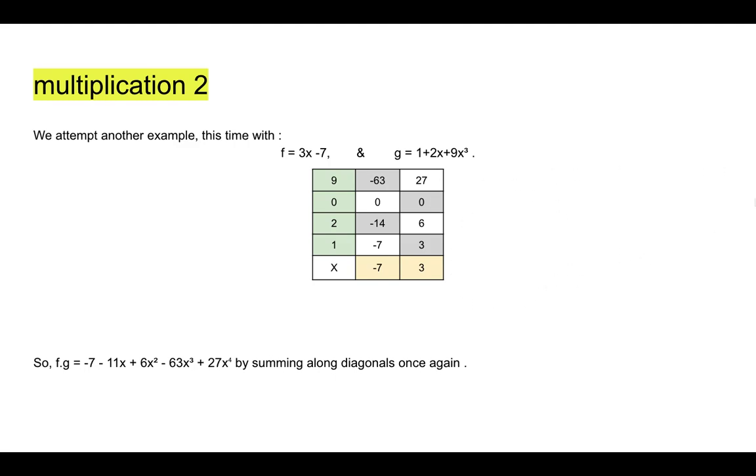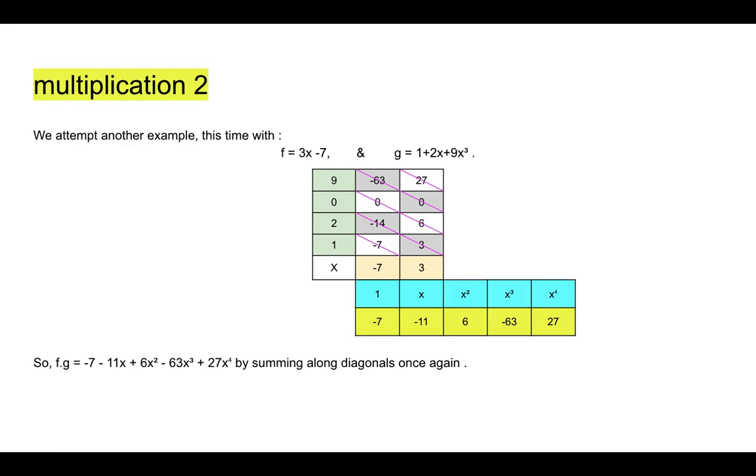Again, we need to sum across diagonals in the following way, and here we show the results. The constant term stays as negative 7. The linear terms are negative 14 and 3. This comes from negative 7 times 2x and 3x times 1. That gives negative 11x. The quadratic term is simply 6x squared coming from 3x times 2x.